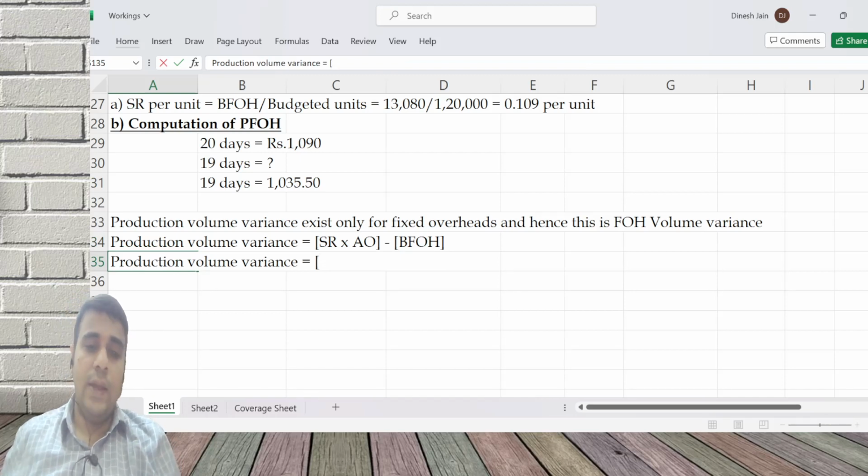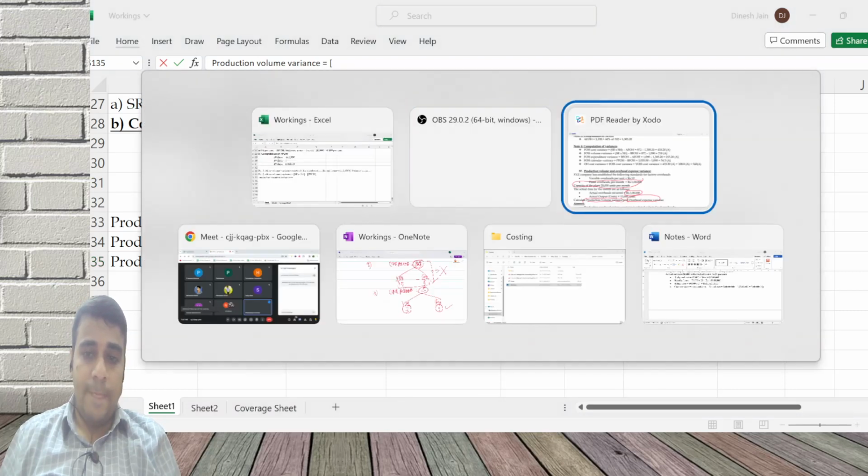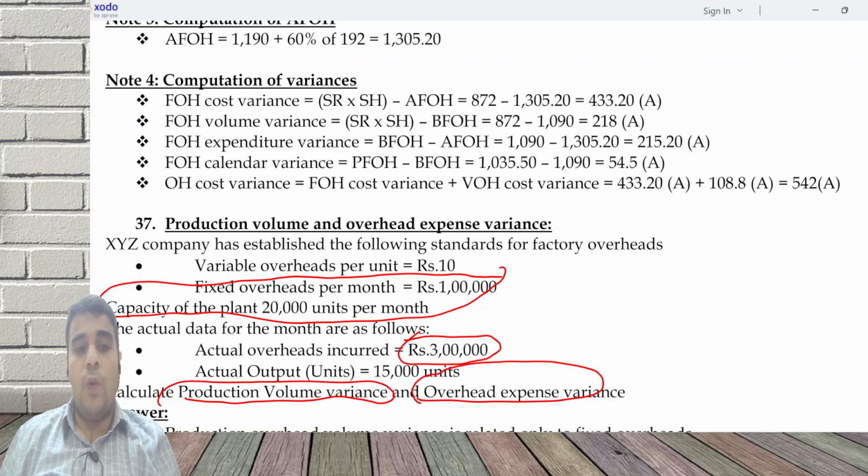I have only AO. So production volume variance is SR into AO minus budgeted fixed overhead. SR is 1 lakh divided by 20,000 units, which is 5 per unit.